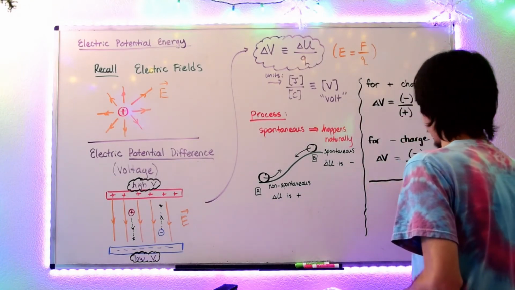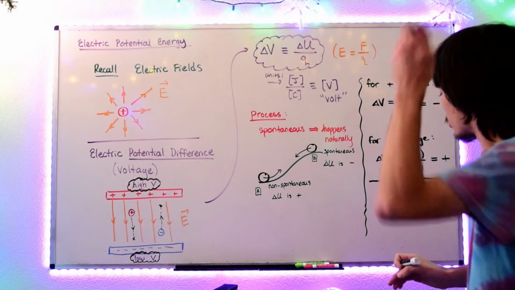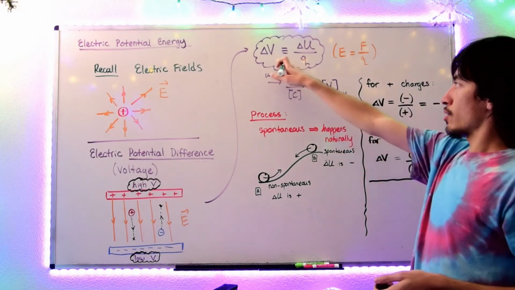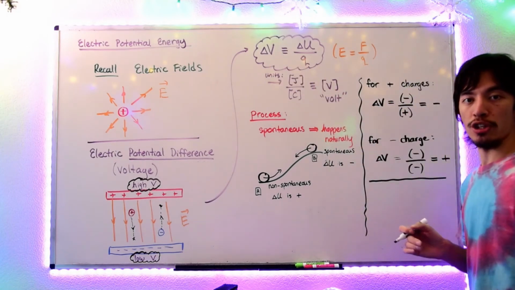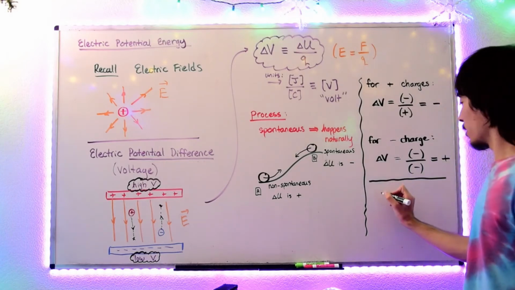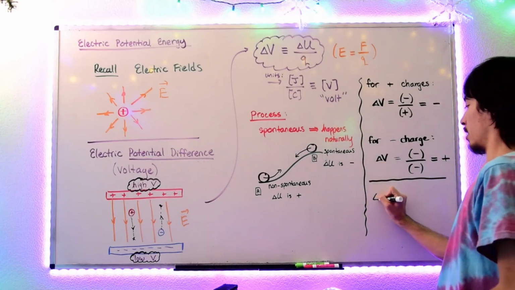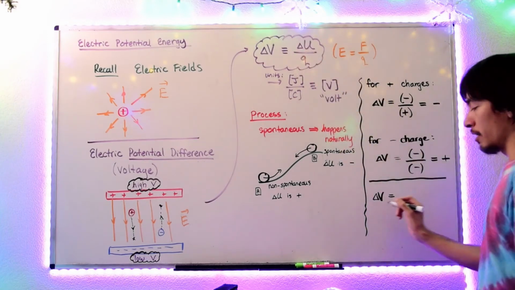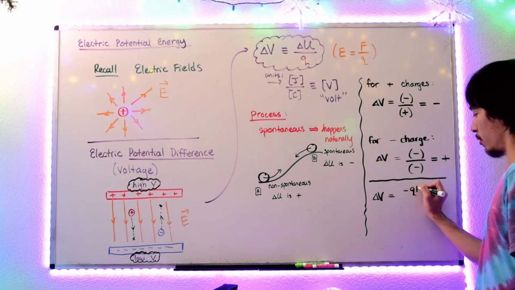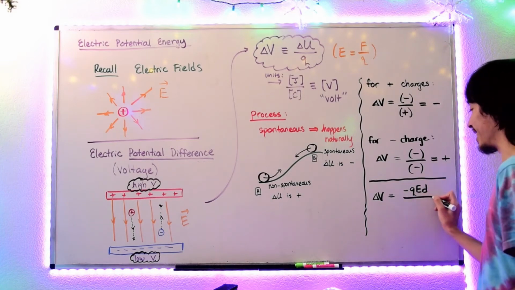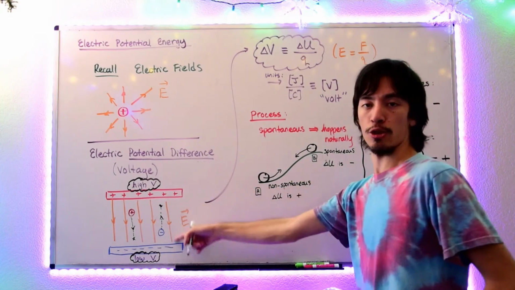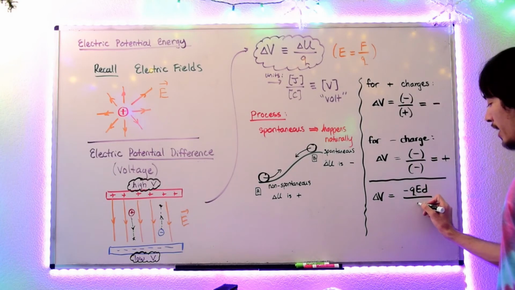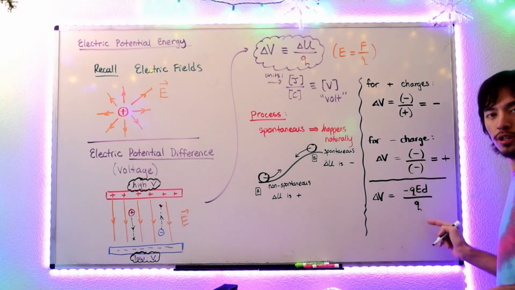Now, one last thing that we'll take a look at. So we have this definition for the change in potential. So if we were to plug in the equation for our change in potential energy, which we said was negative QEd, where d is the distance along the electric field lines, and we divide out the charge, it completely disappears.